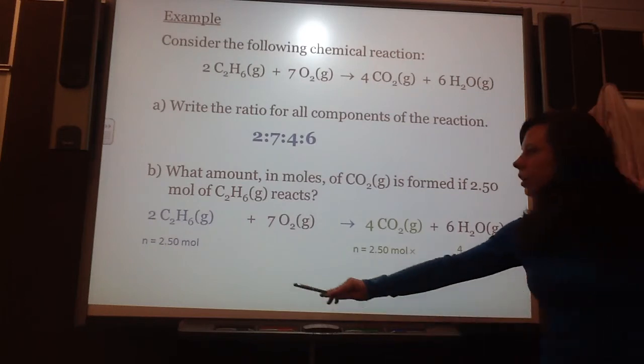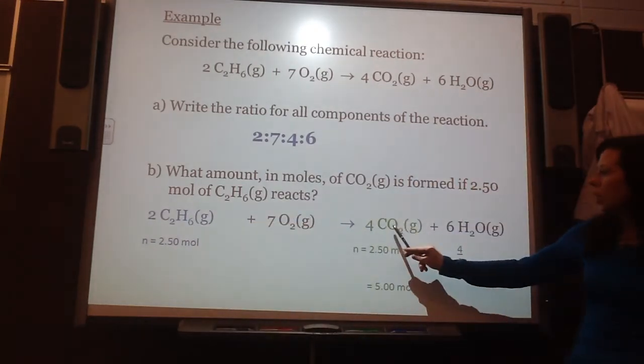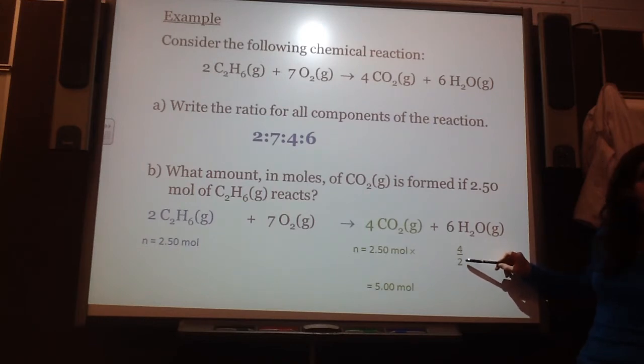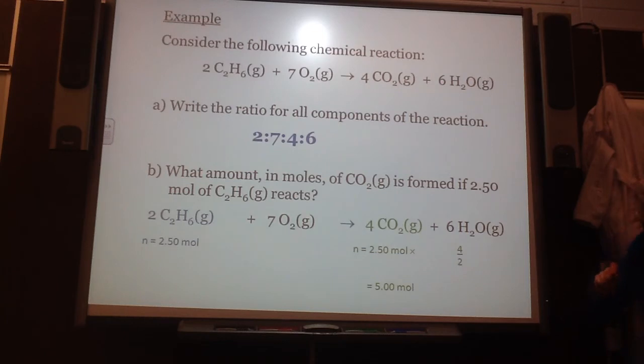So this is my given, this is my wanted. My fraction is always wanted over given for the coefficients. Similar to what we've already done before with our mole comparisons, you guys are doing stoichiometry without realizing it. Look how smart you are. Okay, got that?